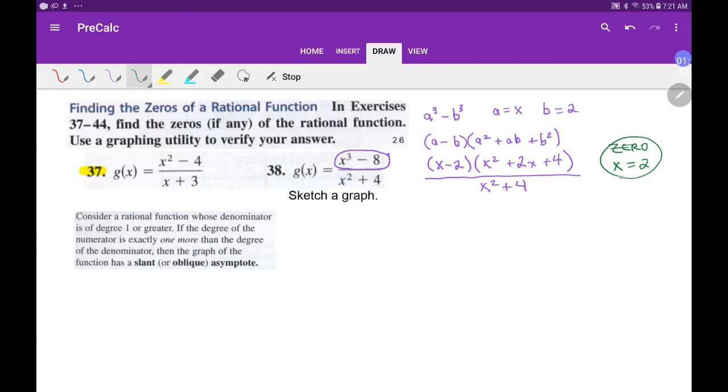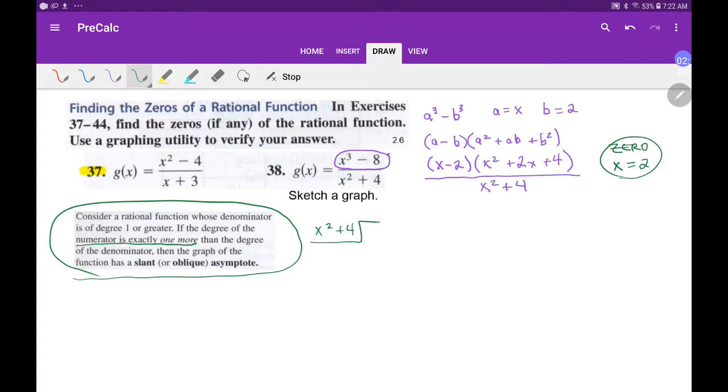So let's see what we have here. Well, if we look over here, there is an oblique asymptote because the degree of the numerator is exactly 1 more than the degree of the denominator. So there is a slant asymptote. And we find the slant asymptote, if you recall, by dividing the denominator into the numerator.